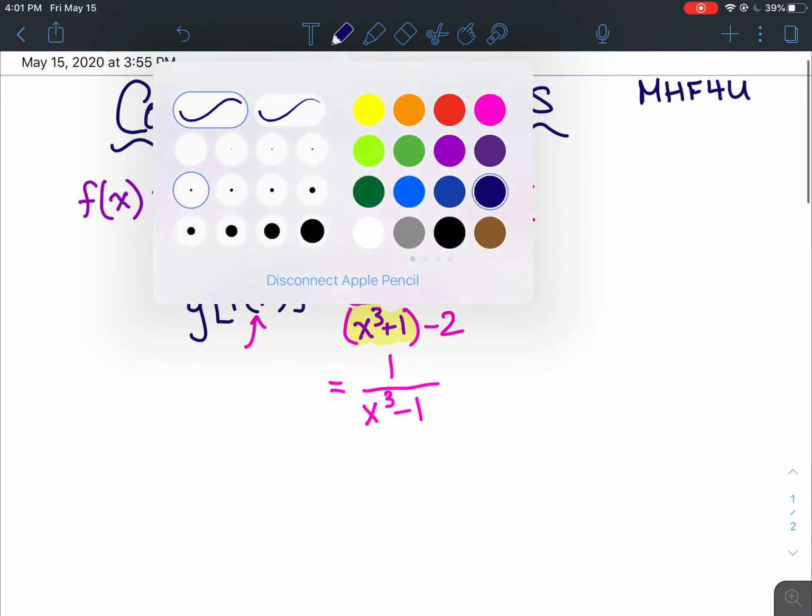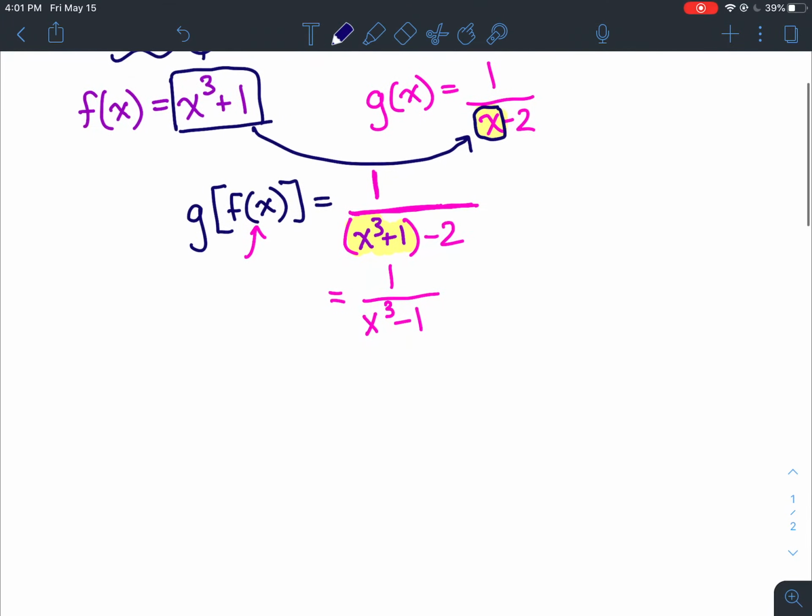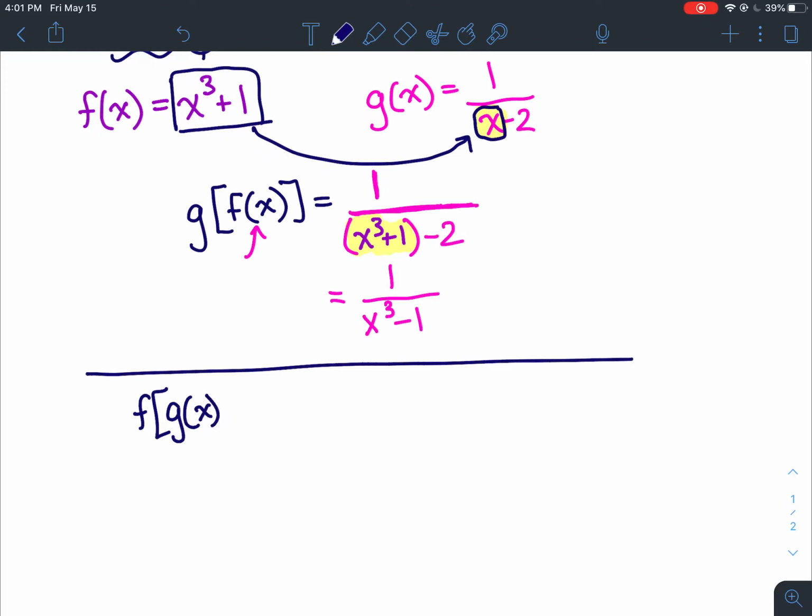And I can do it the other way too. Using these same two functions, let's say I want to find out what f of g of x is. Now f is my outside function and g is my inner function. So I start with f of x, x cubed plus 1. But now I don't want that x to be there.